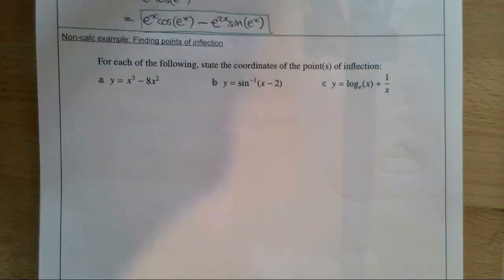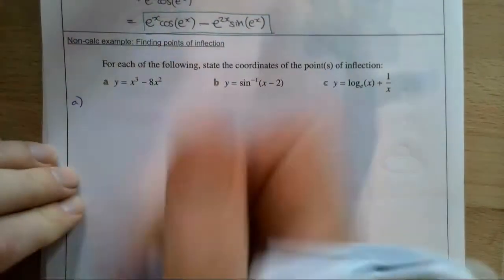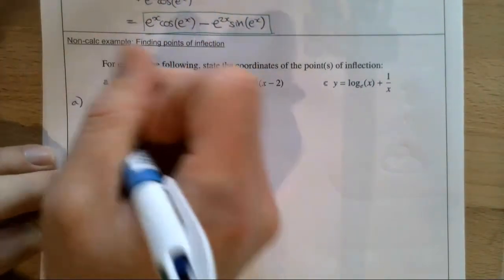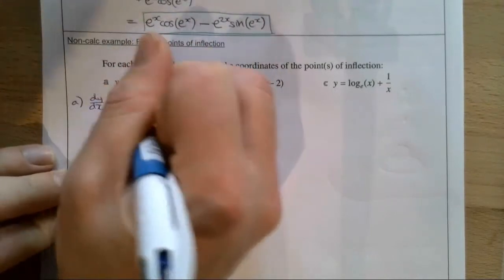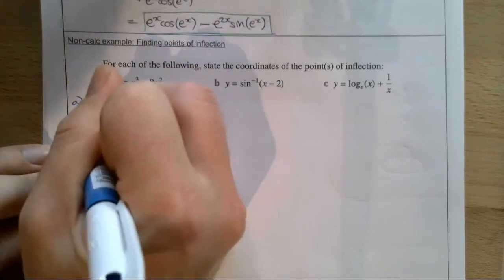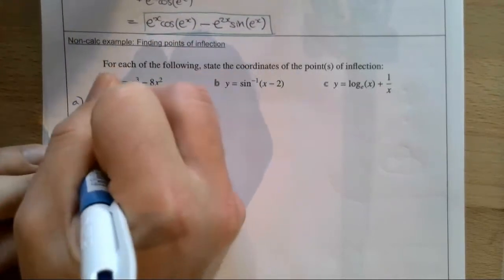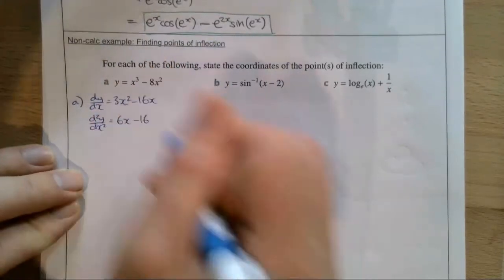Okay, so you've had a go at all 3 of these. We're doing chains of differentiation, so jumping into the first one, dy by dx starts off quite easy. It's going to be 3x squared minus 16x, and then differentiating again is going to give me 6x minus 16.